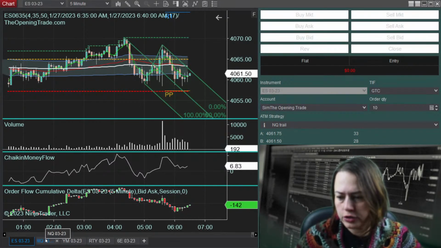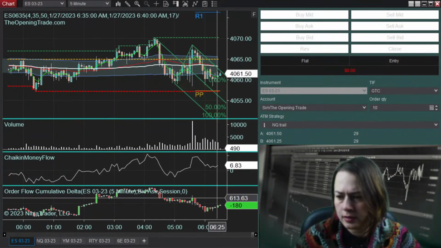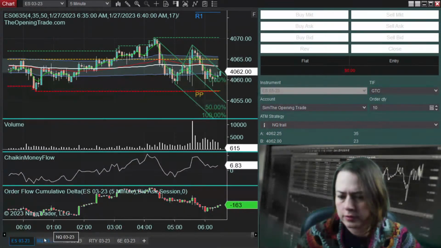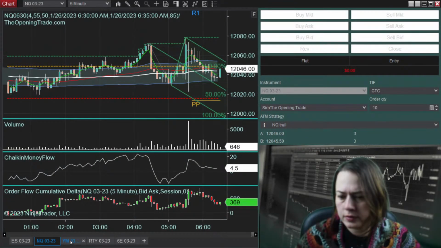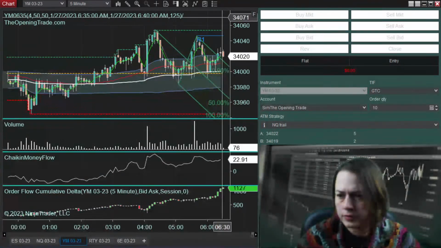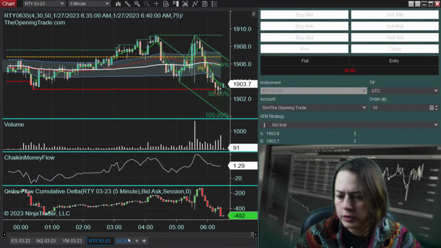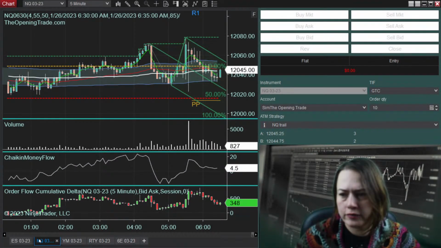Okay, let's take a look at the charts, make sure they're all on today. Get these all set up correctly. So we're looking at the charts here. Okay, so we have our NASDAQ futures.